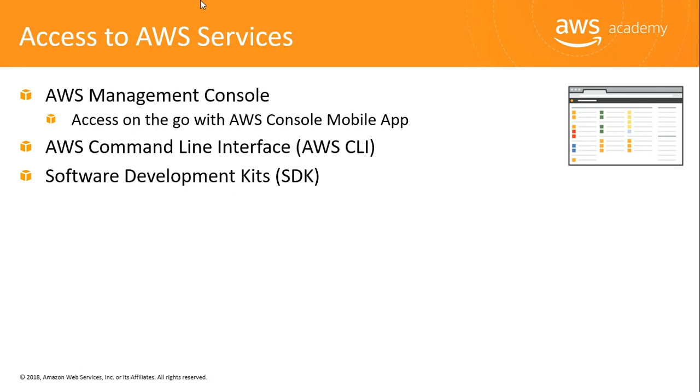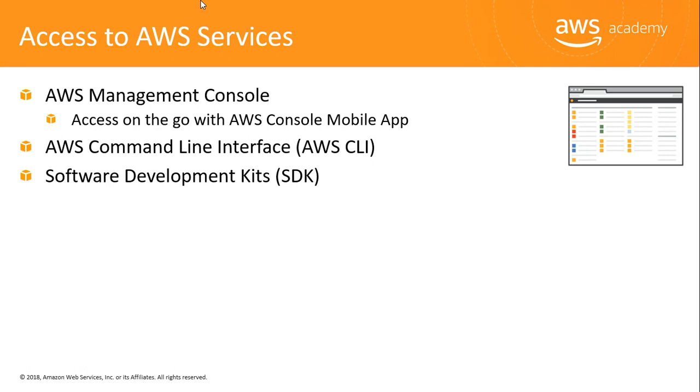The second part is access on the go with the AWS Console mobile application. Amazon not only has the website, they also designed a mobile application for using the services. But I can say this mobile app is not that UI friendly, and not all the services can be created or used by mobile.